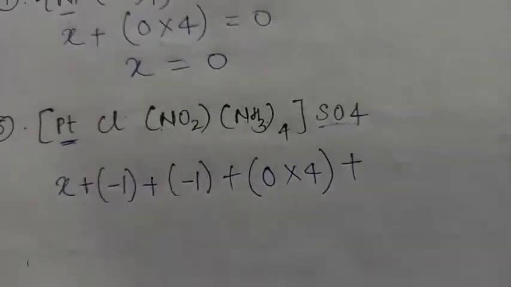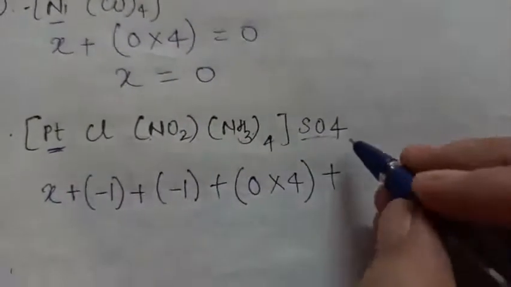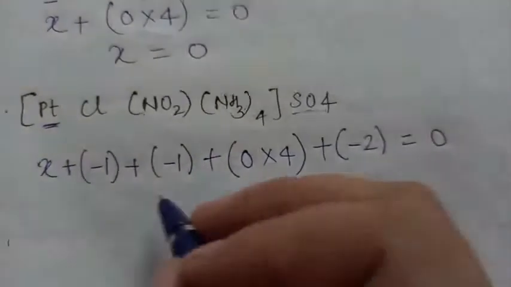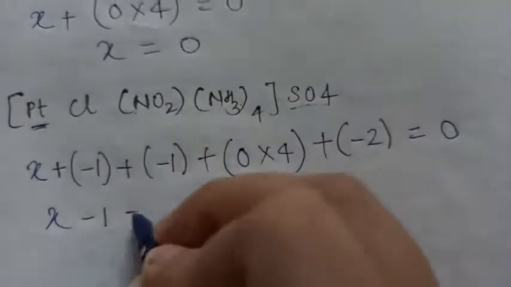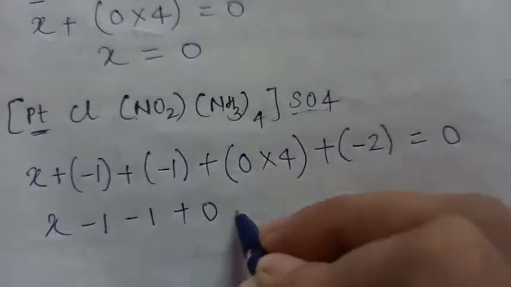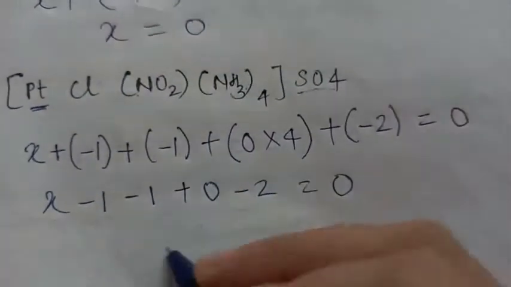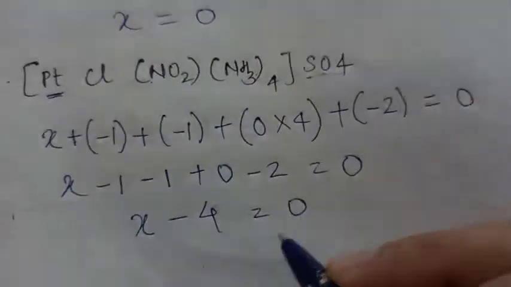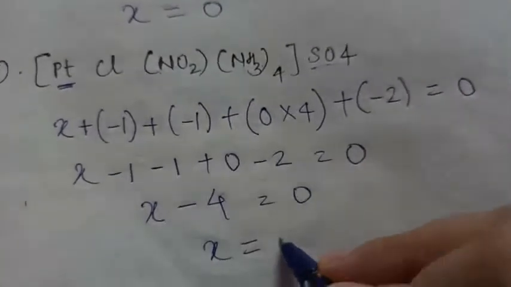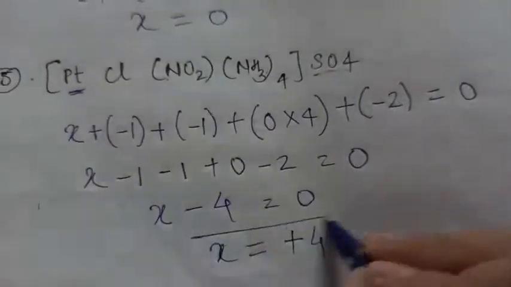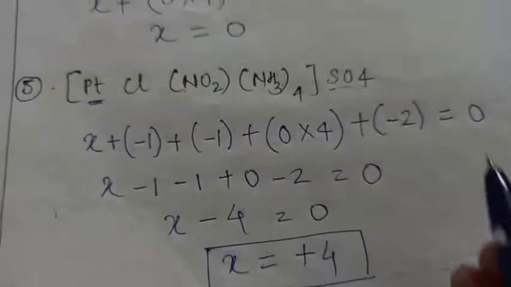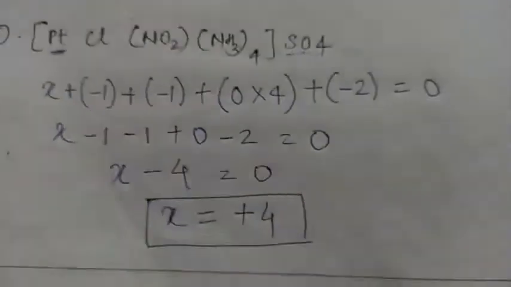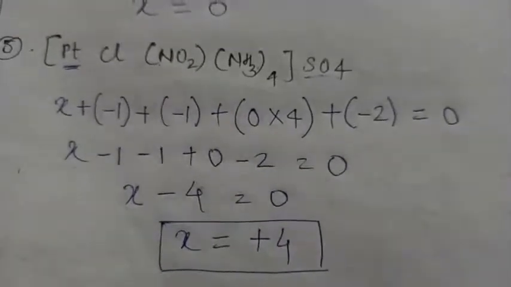So we know that sulfate has -2 charge and only one sulfate is there, so you write -2 here is equal to 0. So X -1 plus 0 -2 is equal to 0. So on adding all this, you will be having X minus 4 is equal to 0. X is equal to +4. So this is the oxidation state on platinum in this compound. So in this compound, platinum is in +4 oxidation state.